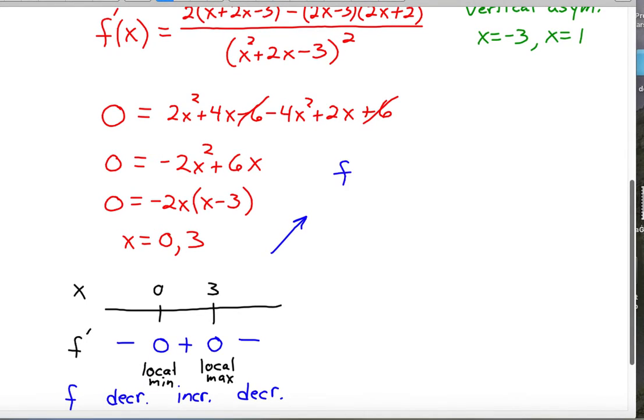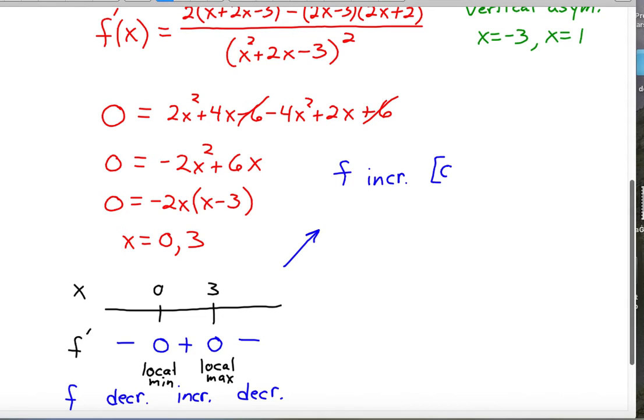So f is increasing. By the way, notice that I keep writing f or f prime, because we want to make sure that we understand which function we're referring to. The derivative itself is another function. So f is increasing between 0 and 3, except at 1. So I'm going to use interval notation.